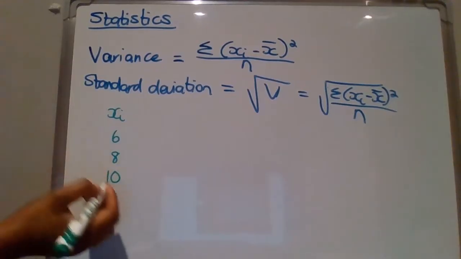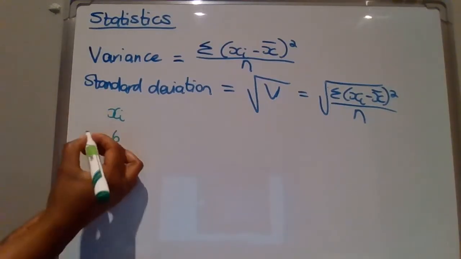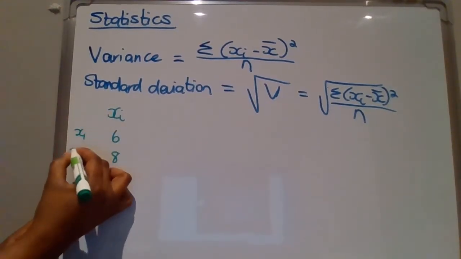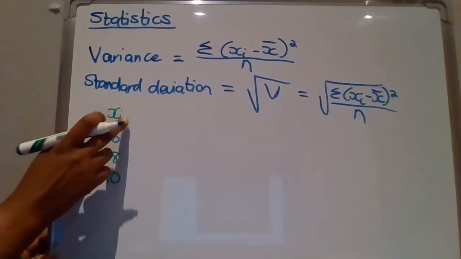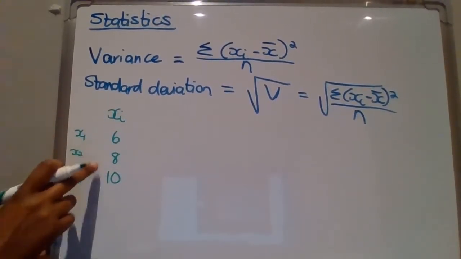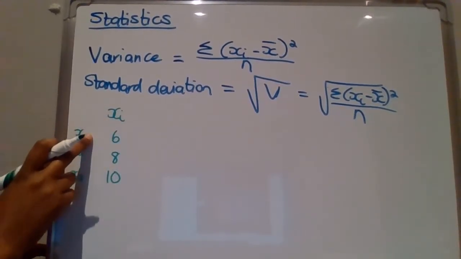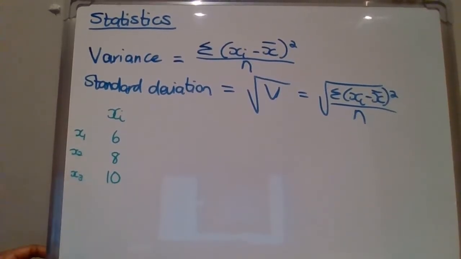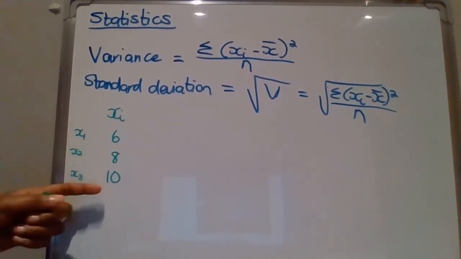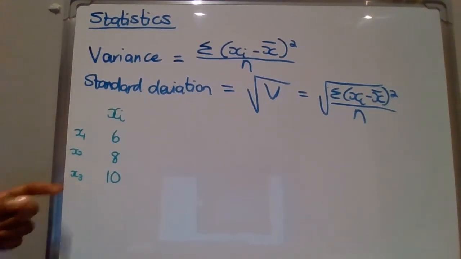This is our data set. So basically this is x1, x2, and x3. That's what the xi stands for, these values here. You can substitute i equals 1 all the way up to the end of your data set. We only have 3, so my i is from 1 to 3.